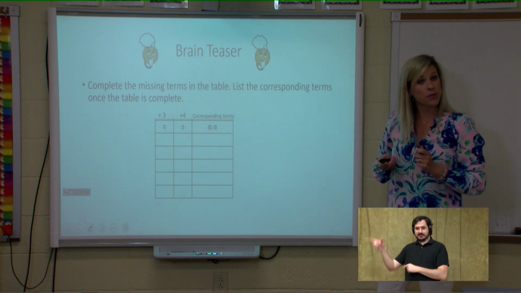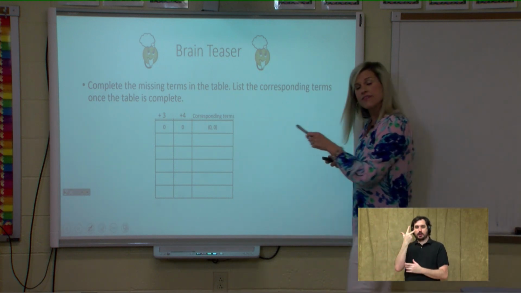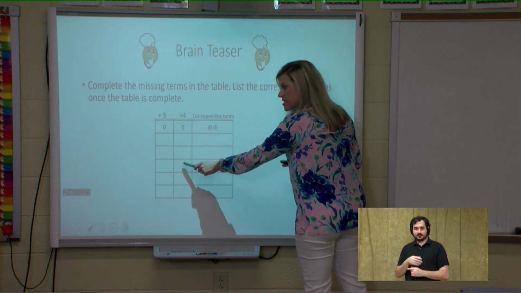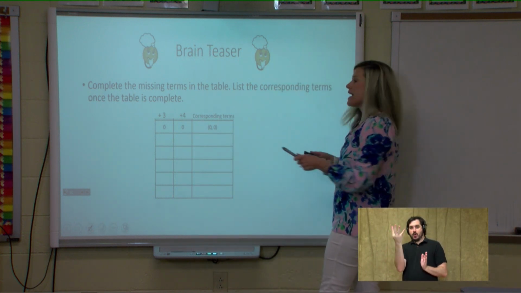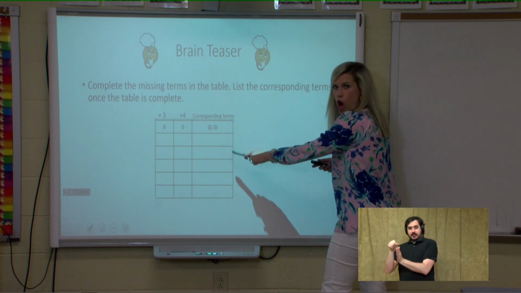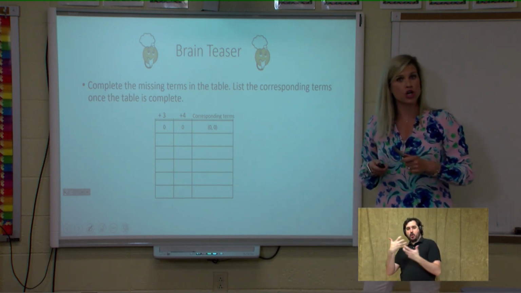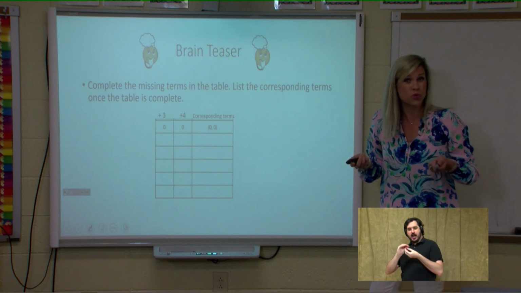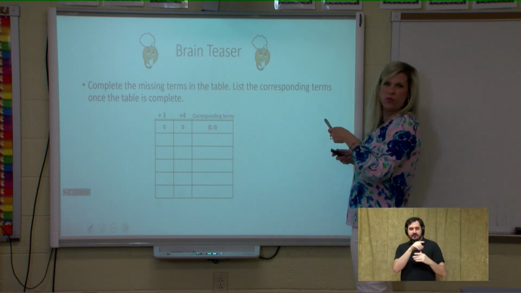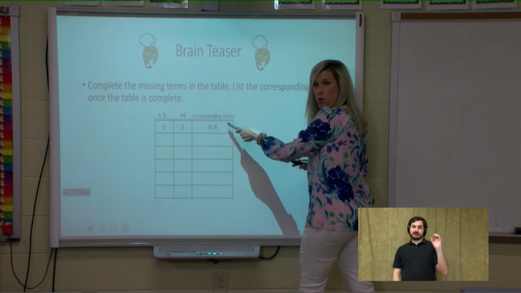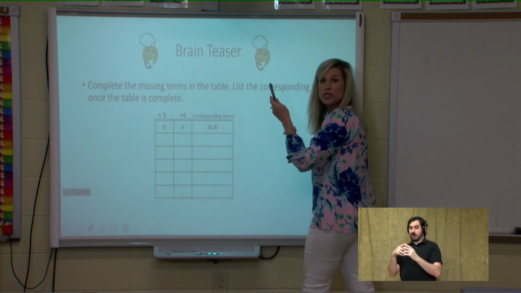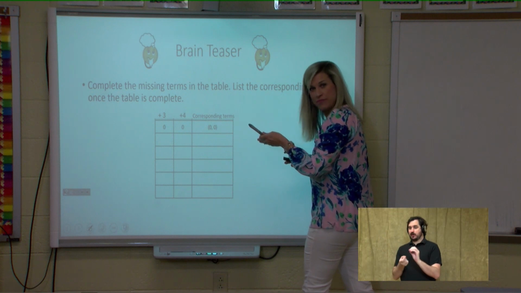It says to add 3. And then this part of the table says to add 4. And here we're going to write our corresponding terms after we've done the rule. I did the first one for you. I started at 0, 0, and so of course my corresponding terms are 0 and 0.